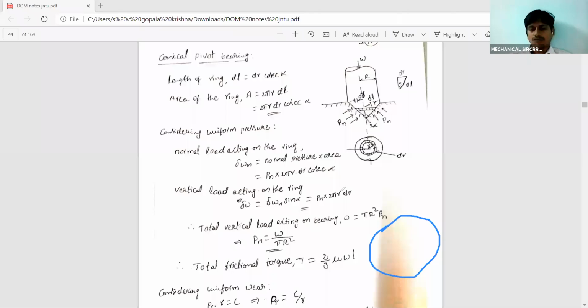You make the same procedure: 2 pi mu p cosecant alpha R square dr. Finally you write 2/3 mu W L, because R cosecant alpha is replaced with L. That is the small amendment. All of this is similar to the earlier one. You first calculate the area and load, and later the frictional torque, once you get the load value and then the frictional torque value.